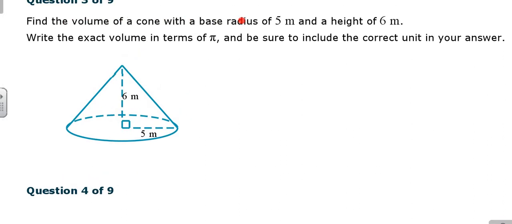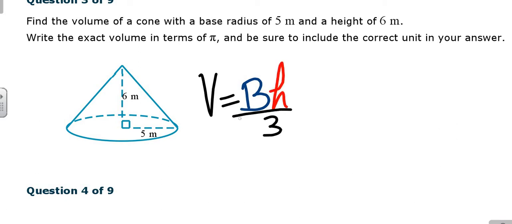Find the volume of a cone with a base radius of 5 and a height of 6. Write the exact volume in terms of pi. Correct units. So our volume here is area of the base, and it says exact terms, so that's pi r squared.